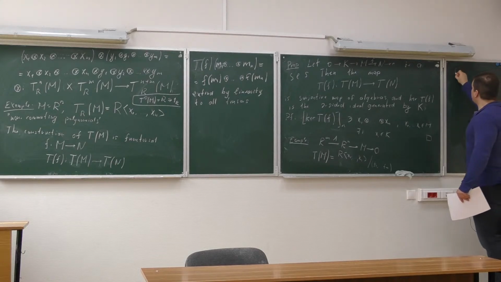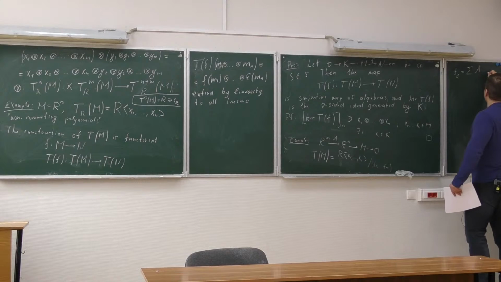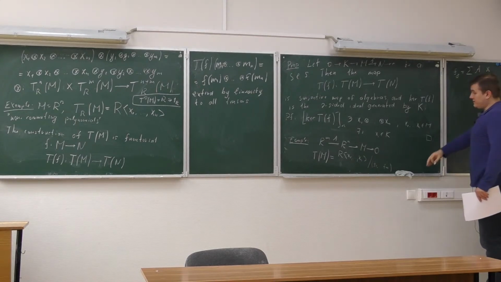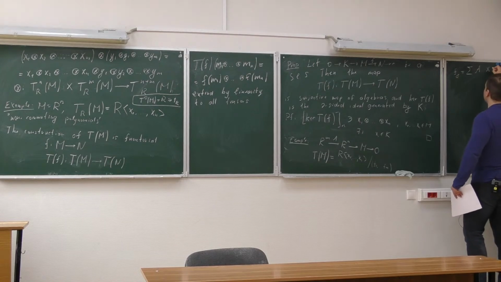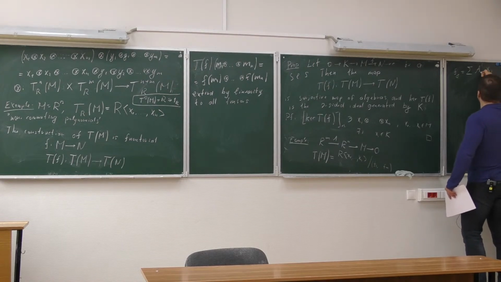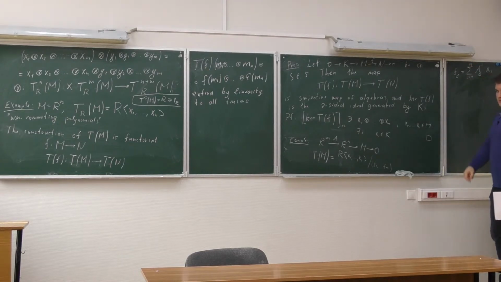And what would be the formula for this, say, fj? Well, this is exactly the linear form given by this matrix on the basis x1 up to xn. So these are the relations.